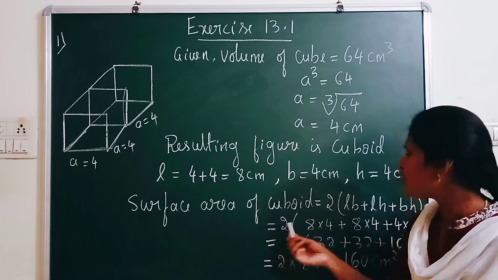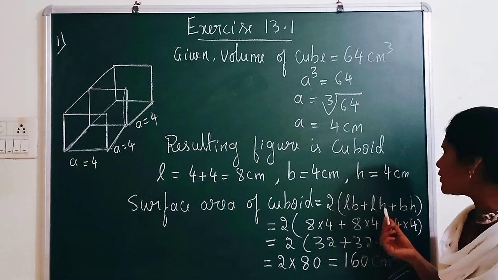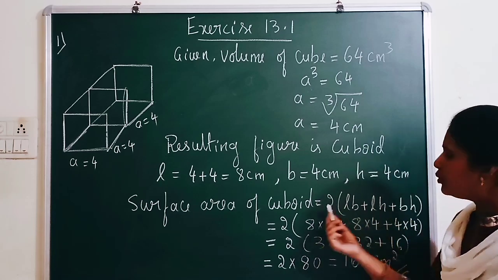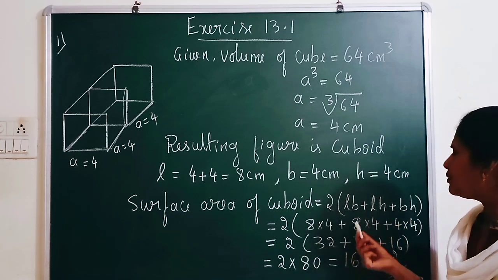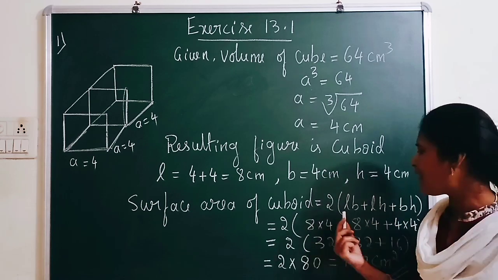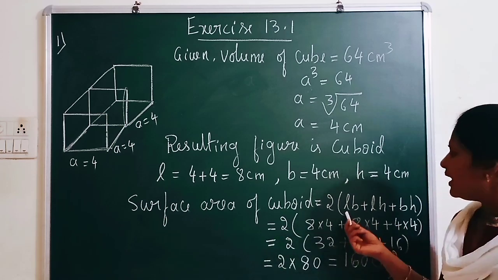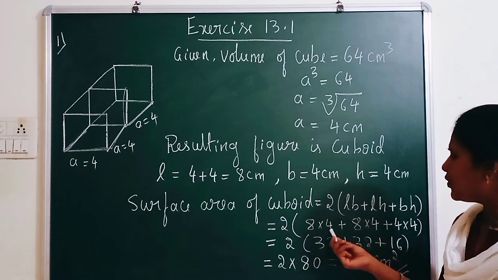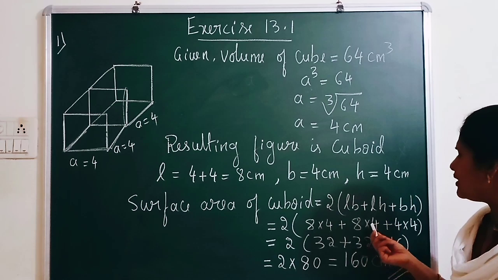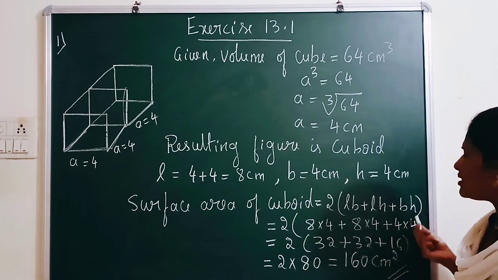So the surface area of cuboid formula we discussed already: 2LB plus 2LH plus 2BH. Take 2 common, so we get 2 into (LB plus LH plus BH). Substitute the values of L, B and H: 2 into (L is 8 into B is 4, plus L is 8 into H is 4, plus B is 4 and H is 4).